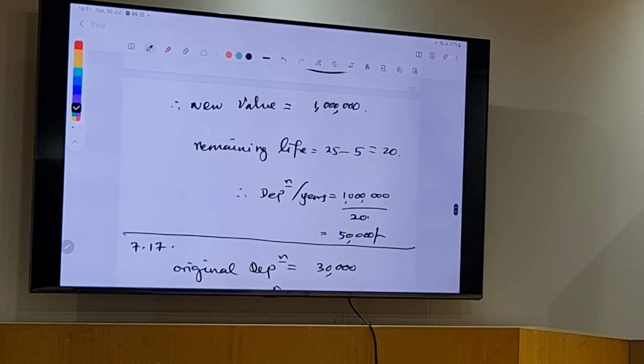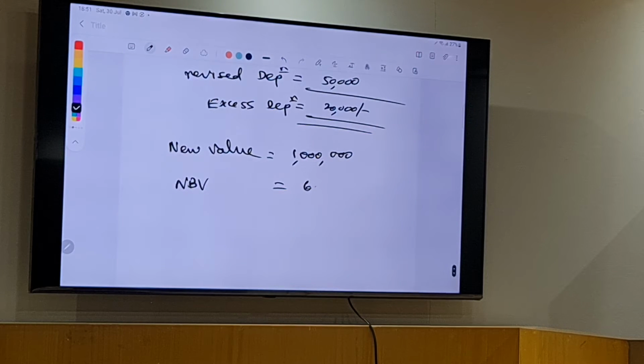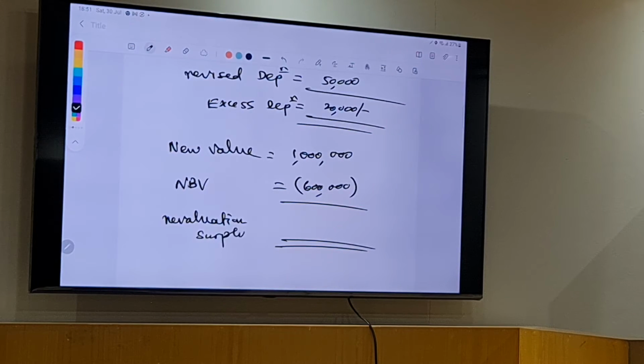After depreciation, at the end of the 5th year, your net book value is how much? This difference is called 400.